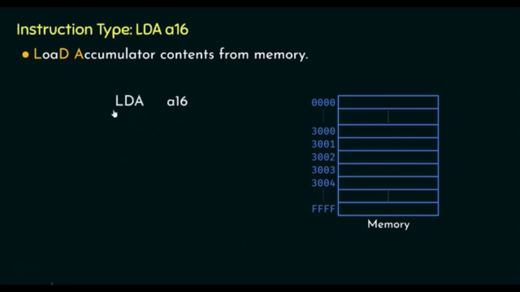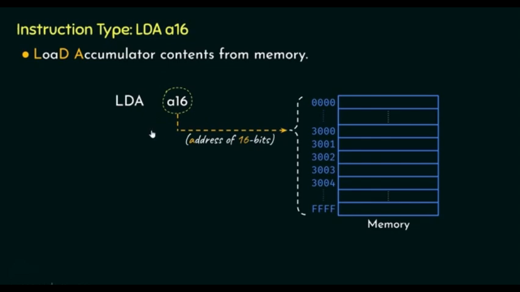Now we already know the meaning of LDA is Load Accumulator Contents from Memory. Now what is this a16? Well, this specifies all the different addresses which are of 16 bits. So as you can see, instead of involving the HL register pair, using this particular instruction, we can directly send the address within the instruction to the microprocessor.